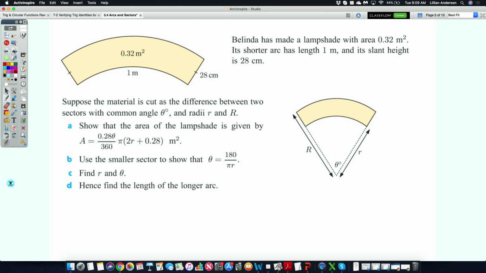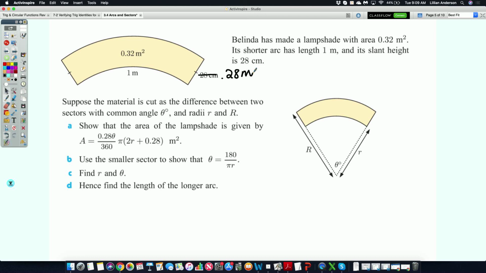How many? Twice. So 28 centimeters is the same thing as saying 0.28 meters. Now that we have that, you see that 0.28 that's in the problem. So I think now we're going to be on the right track. Always double check to make sure all your units are the same.